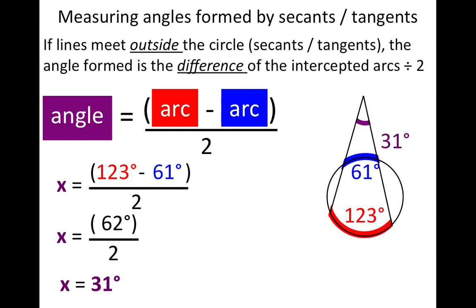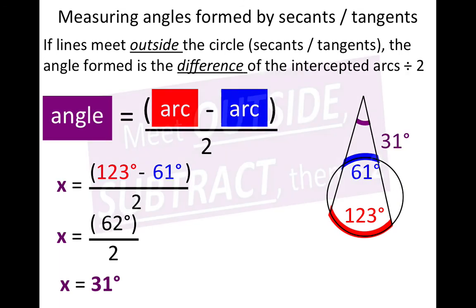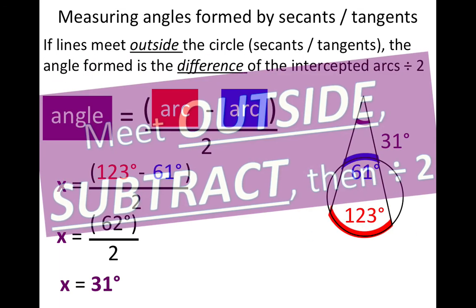So it's 31 degrees. The key thing to remember from this slide is that if the lines meet outside the circle, then I subtract the arcs, then divide by 2. If they meet outside, I subtract the arcs, then divide by 2.